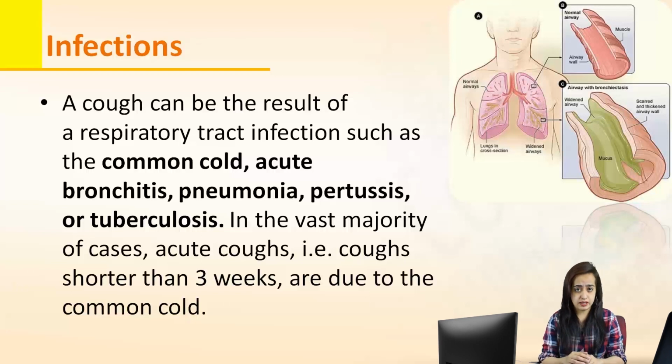In most cases, if we are dealing with acute cough which has lasted for shorter than 3 weeks, we must think of common cold and a viral infection. But again, in India especially, we must also consider tuberculosis when we are investigating a case of cough, as it is very common in our country.